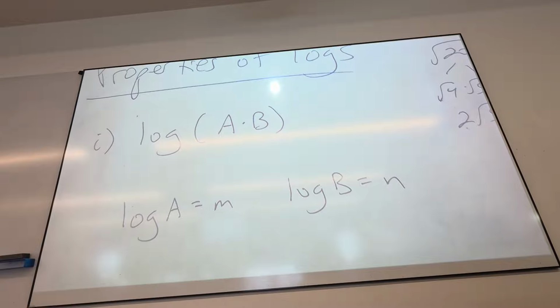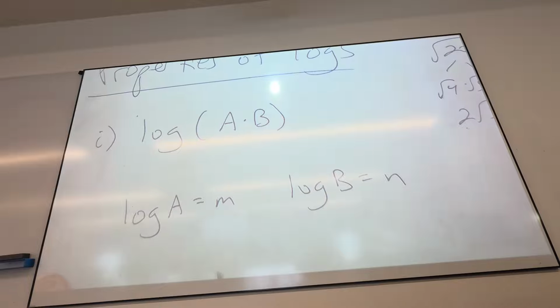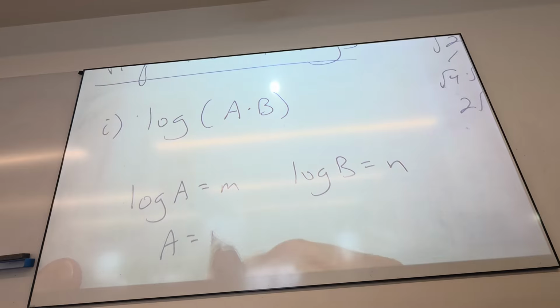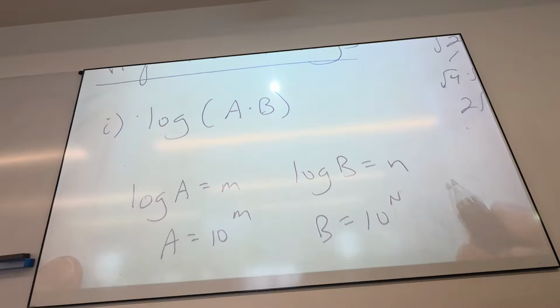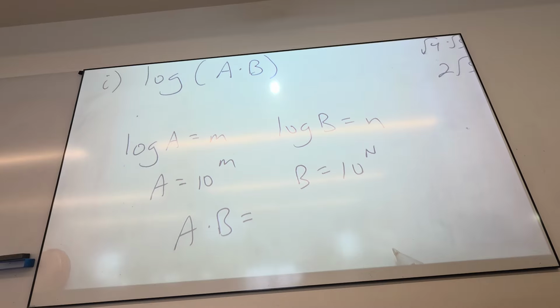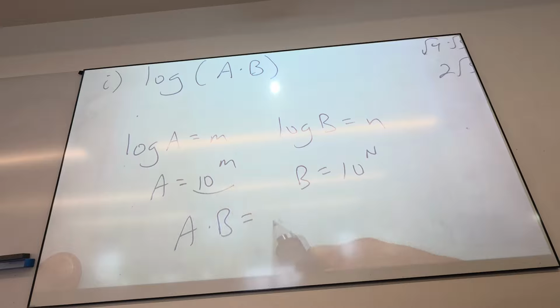What is A equal then? Can you solve this for me? 10 to the M. And what's B equal? 10 to the N. So what is A times B? 10 to the M times 10 to the N. A is 10 to the M. B is 10 to the N.